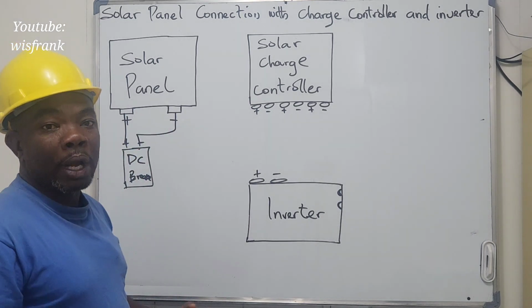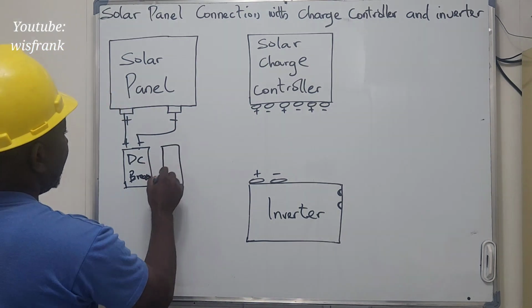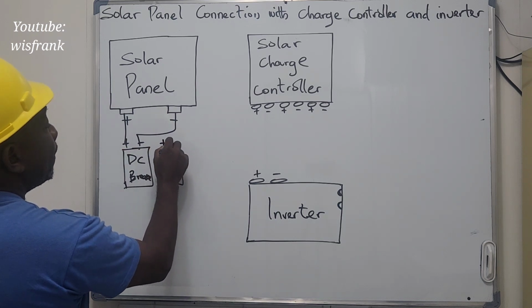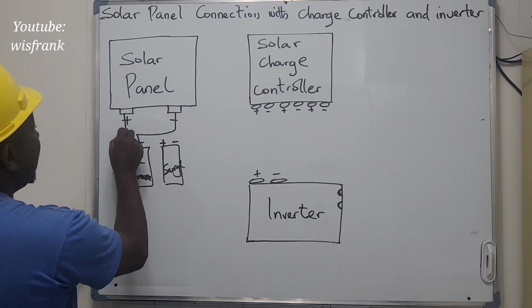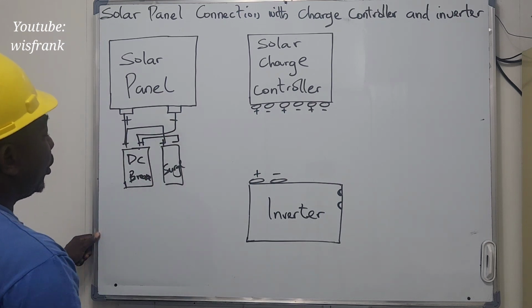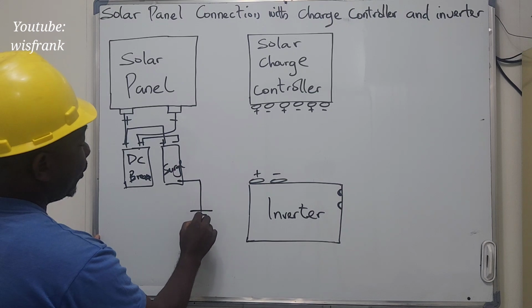And also you can introduce a surge breaker at the side of this. This is a surge breaker where you connect also have positive and negative. You connect the positive to this other side, also connect a negative to this other side. So this other side will be connected to the earth.